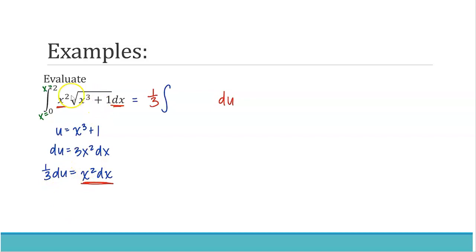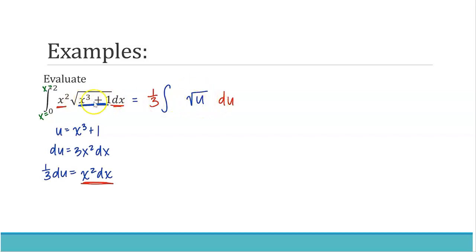So the 1/3 du replaces x squared dx, and then x cubed plus 1 is going to be replaced with u, so my integral is going to be the square root of just u.